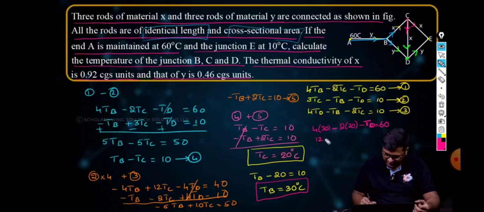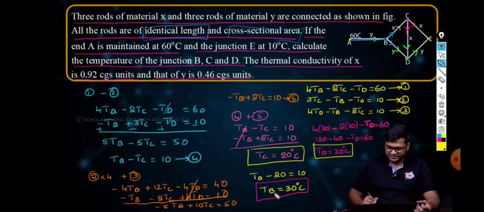So 4 3s 120 minus 40 minus TD is equal to 60. So 120 minus 40 is 80, 80 minus 60 is 20. So temperature at D junction is 20 degrees Celsius. So temperature at B junction is 30 degrees Celsius, temperature at C junction is 20 degrees Celsius, and temperature at D junction is 20 degrees Celsius.